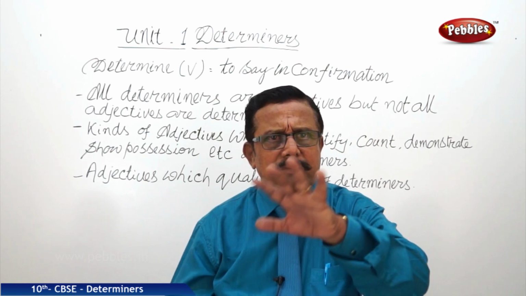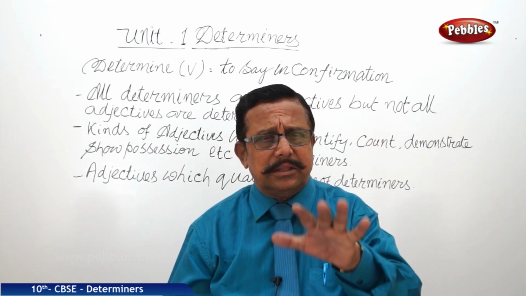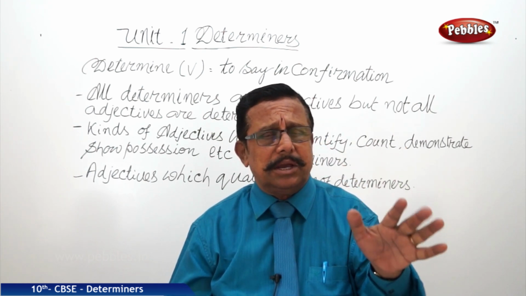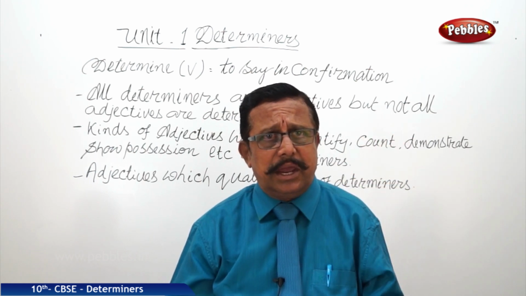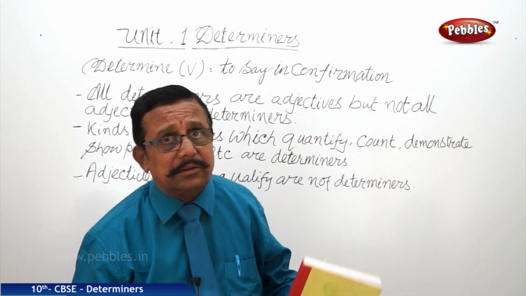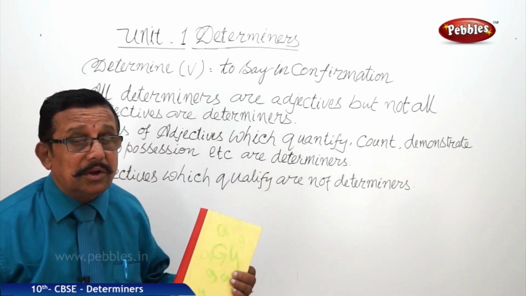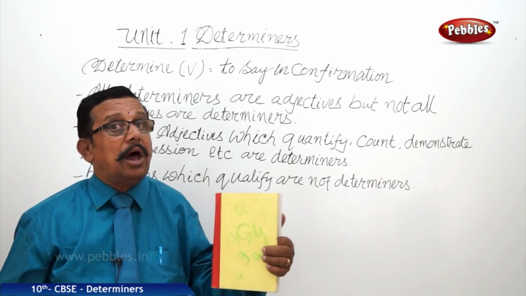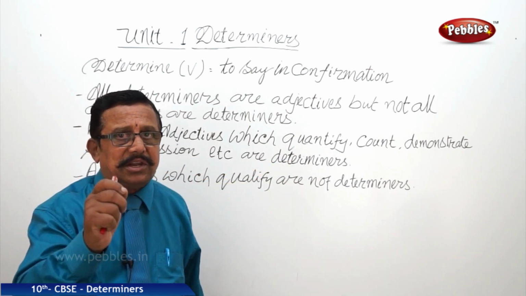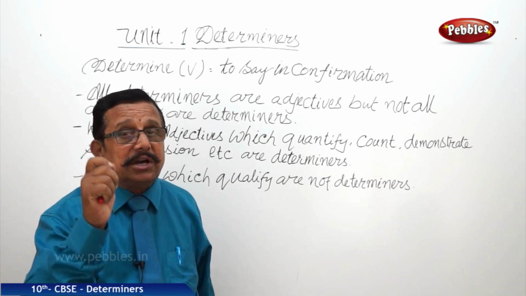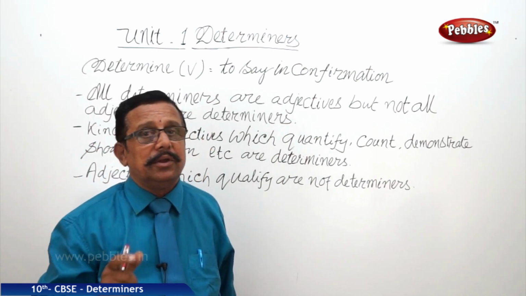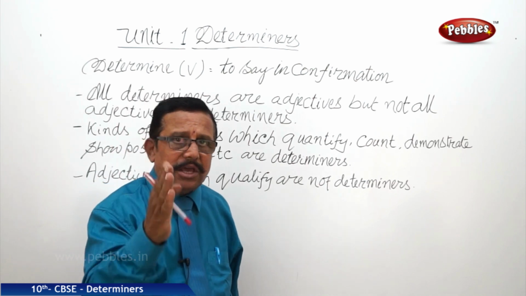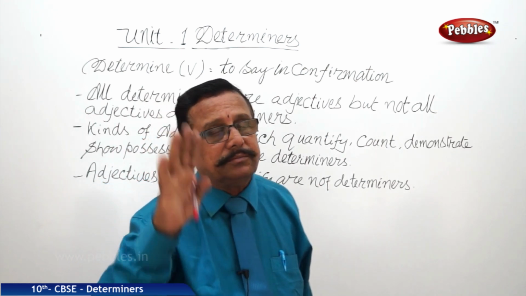Now, what we have learnt under this name determiner, let us once again see to it. Determiner is a word which determines the noun, which says fixedly about the noun, which confirms about the noun, which talks certainty of the noun.